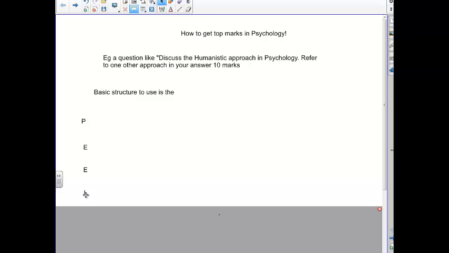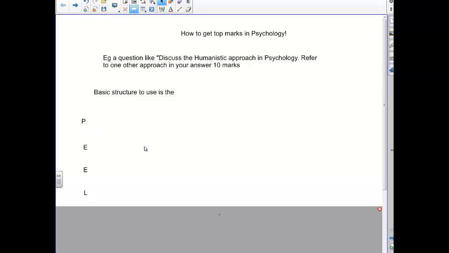And we can put an L in, and it's quite good practice to put an L in just to keep you focused on the actual question, because a lot of you didn't actually read the question, didn't do this bit of it, refer to one other approach. And if you didn't do that, you had a maximum of 6 out of 10. Okay, even if you had a fantastic essay.